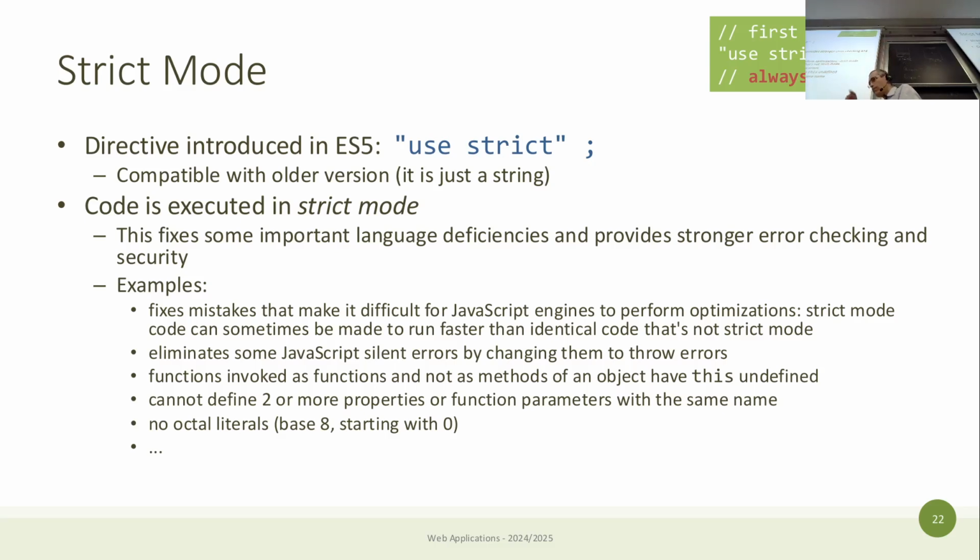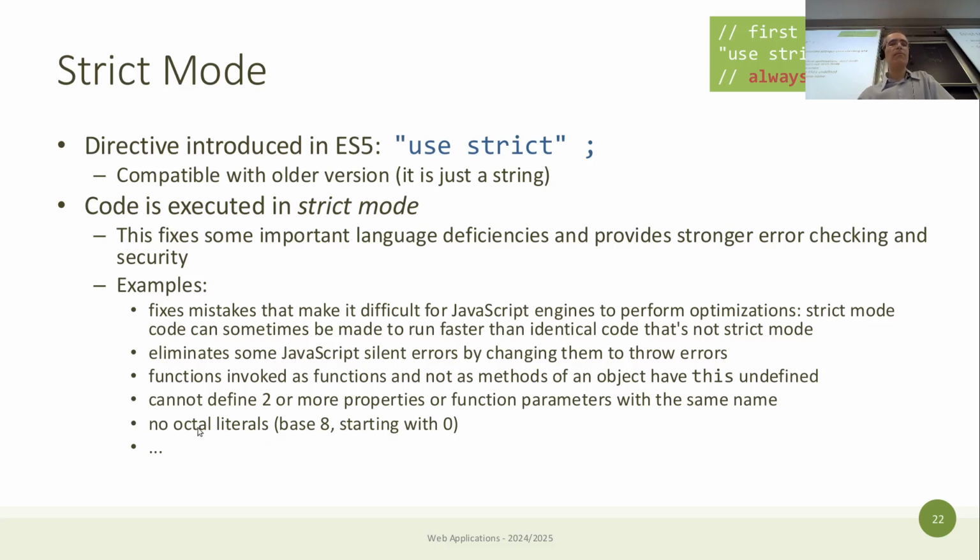But modern JavaScript engines enter the strict mode, which disables a lot of dangerous behaviors. Okay? So it fixes some important language deficiencies and provides stronger error checking. So these are examples.